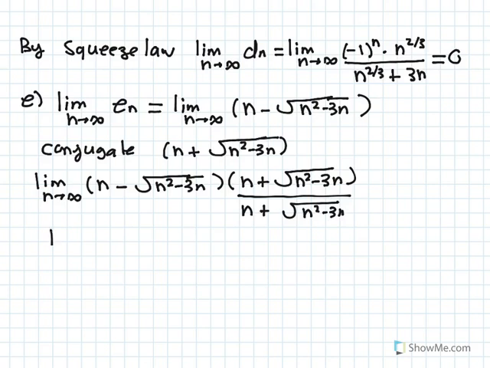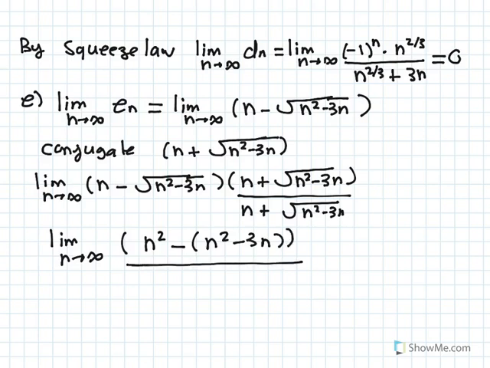Simplifying the numerator, we get the limit as n goes to infinity of n squared. The radical disappears and the middle terms cancel out. We get minus (n squared minus 3n), divided by n plus the square root of n squared minus 3n. Simplifying the numerator, n squared minus n squared is 0.